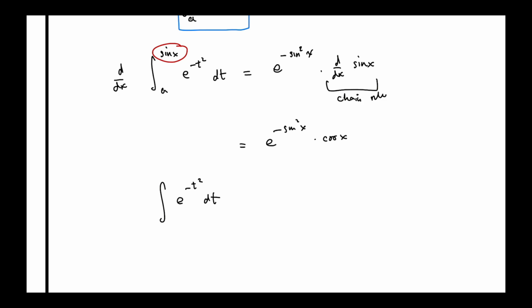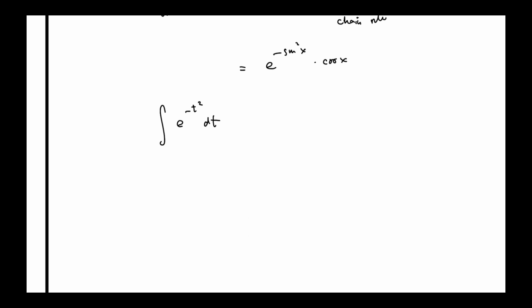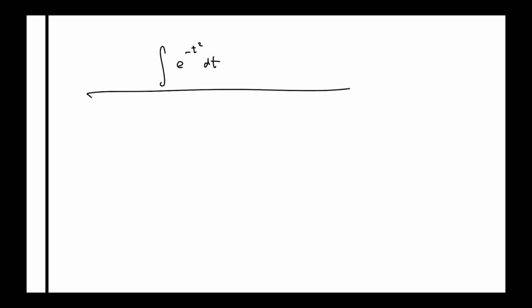Let me elaborate. What do I mean by this being an impossible question? There's a big pile of functions that we call elementary, and pretty much every function you've ever encountered in your life we consider to be elementary. So what are they?